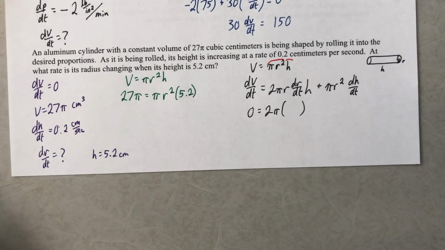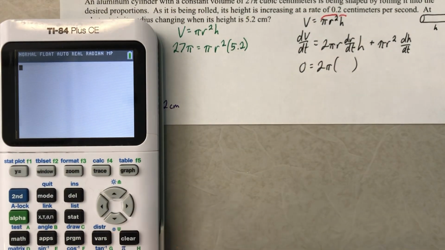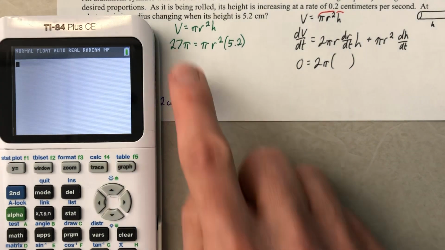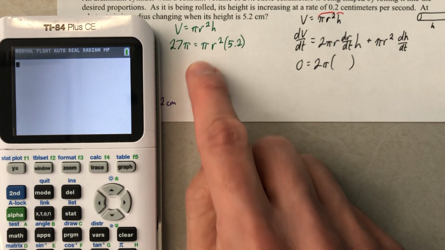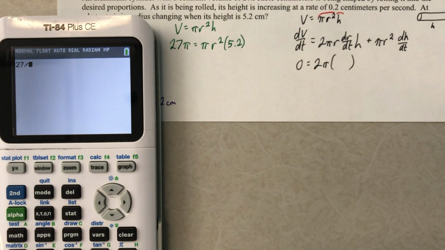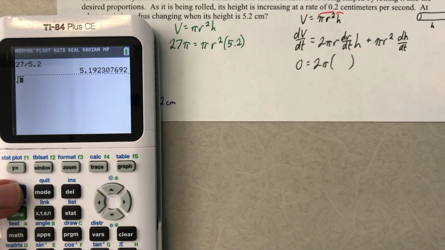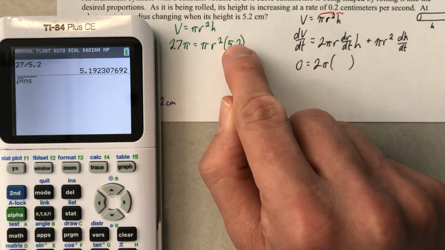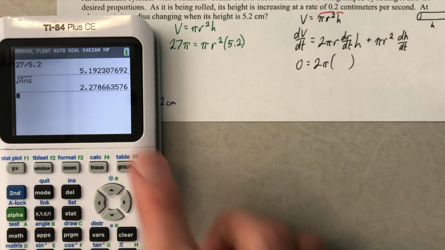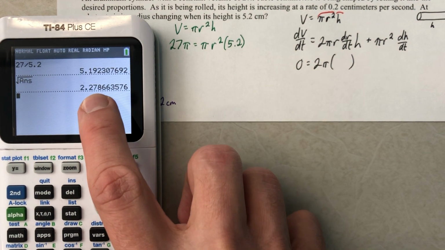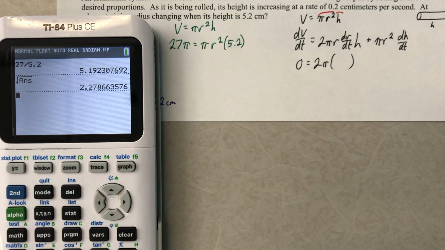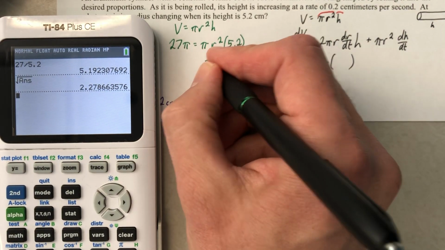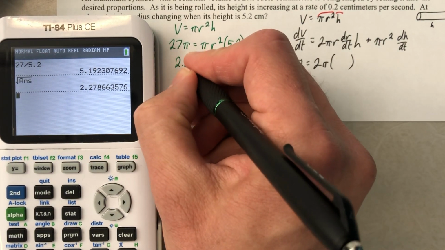We divide by pi, they cancel on both sides, and we have 27 divided by 5.2, and that gives us, well, that's gross. Then we take the square root of that last answer, and I have 2.279. So we now know the radius. We will store it as r.